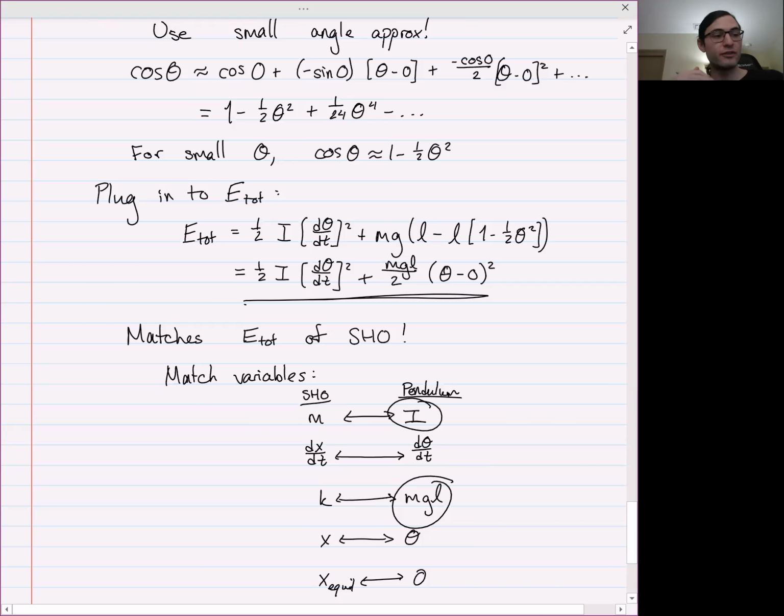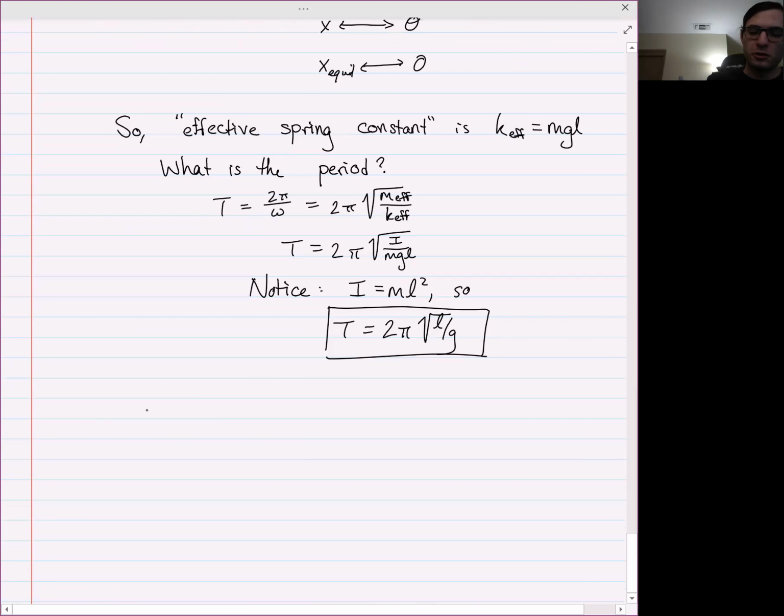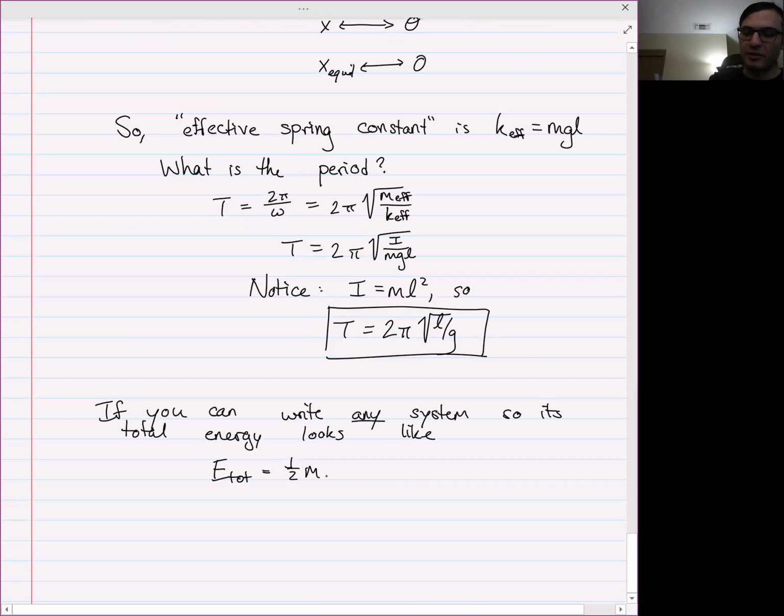That is, 1/2 m effective times (dz/dt) squared, where z is just some variable, whatever it is.